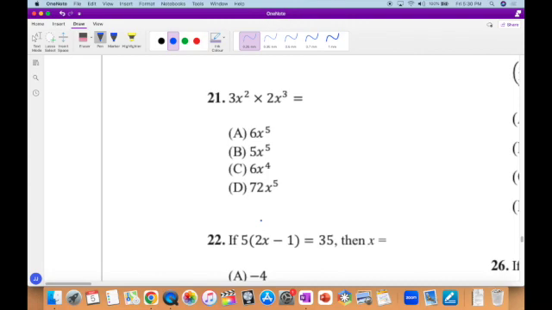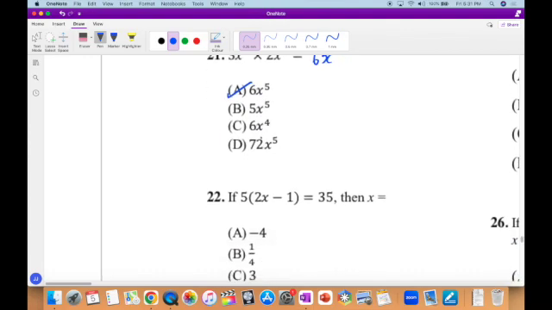And we are into algebra. We have the laws of indices here. So 3 2s are 6, x, and if you have to add the indices here, 2 plus 3 is 5. So 6x to the power of 5.